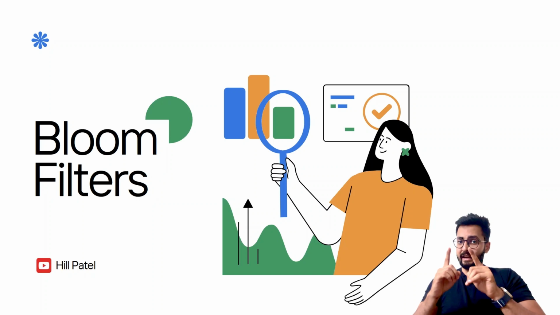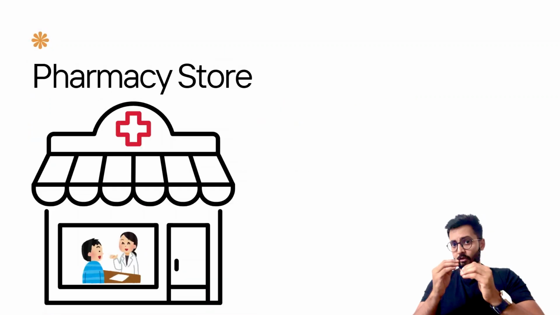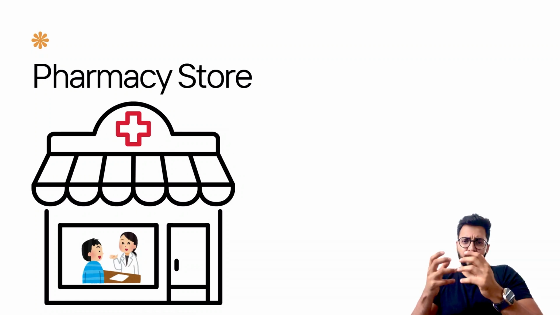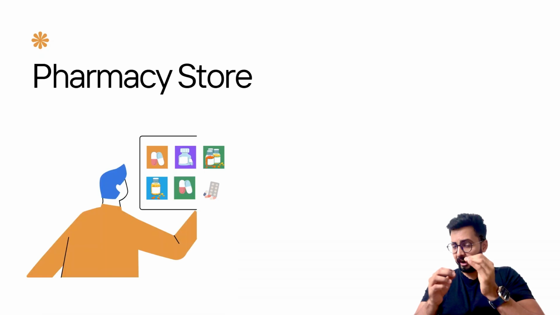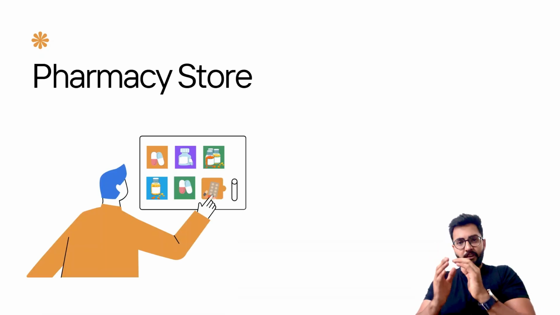So let's understand it with an example of a pharmacy store. A customer with a prescription goes to a large pharmacy store having, let's say, more than 15,000 different medicines, and he asks for a medicine out of that prescription. So now the worker of that pharmacy would go check the stock and bring the medicine if available.